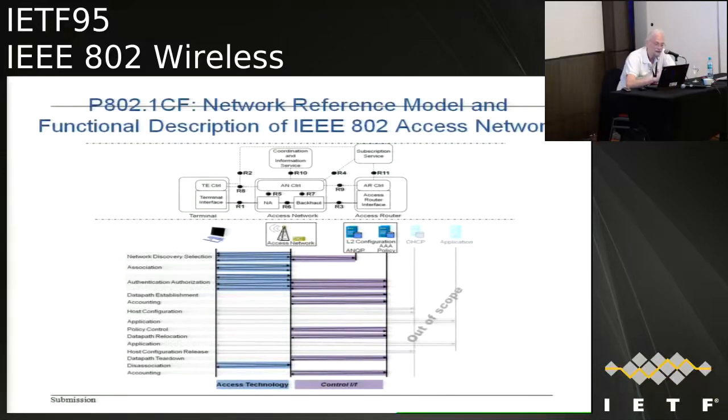Then there's the other part where you want to release the resources when you're tearing down your data path and so on. So this gives you a picture of what OmniRAN considers to be their use case and what they're trying to accomplish.